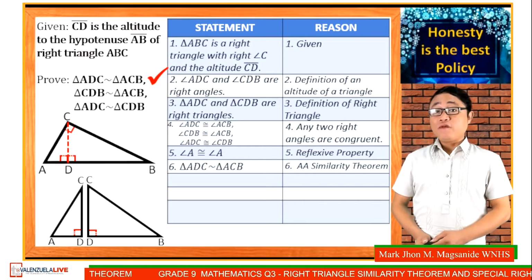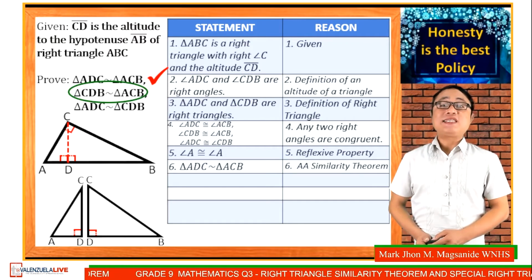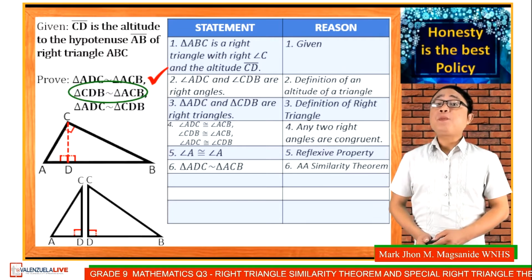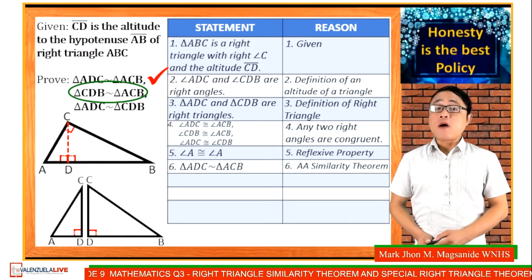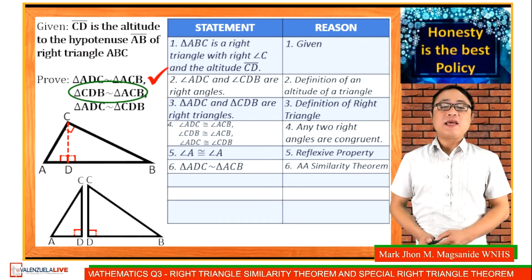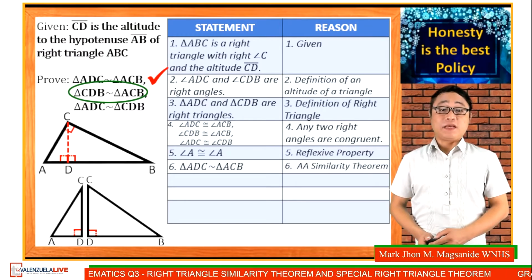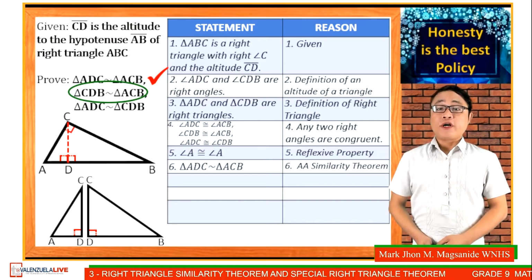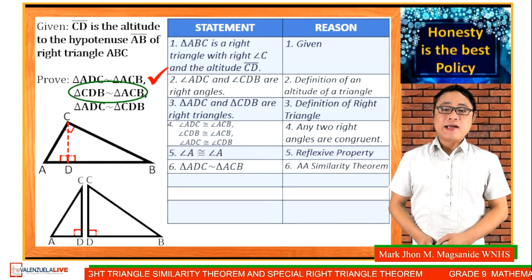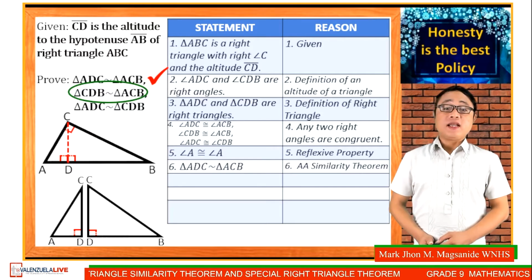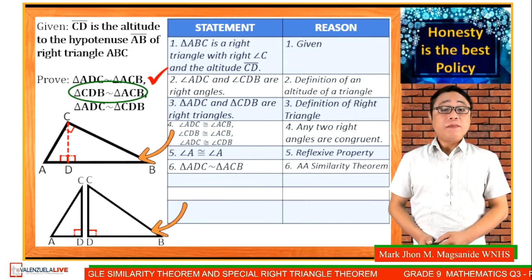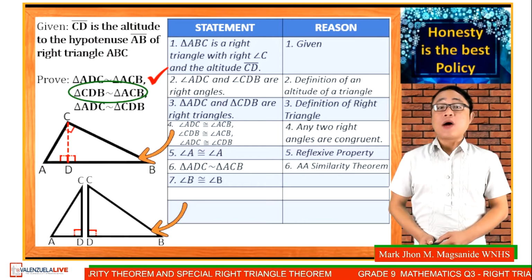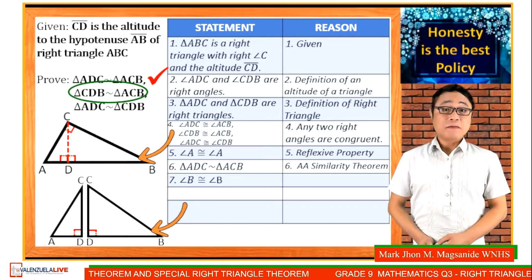Next is to prove that triangle CDB is similar to triangle ACB. This pair of triangles has one congruent corresponding angle, which is angle CDB and angle ACB. Let us find one more congruent corresponding angle. The two triangles both contain angle B. Hence, angle B is congruent to angle B by what reason?